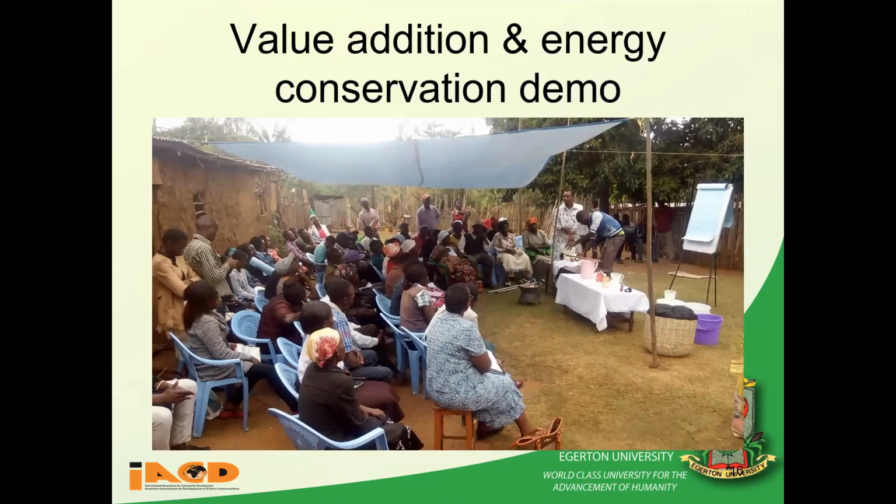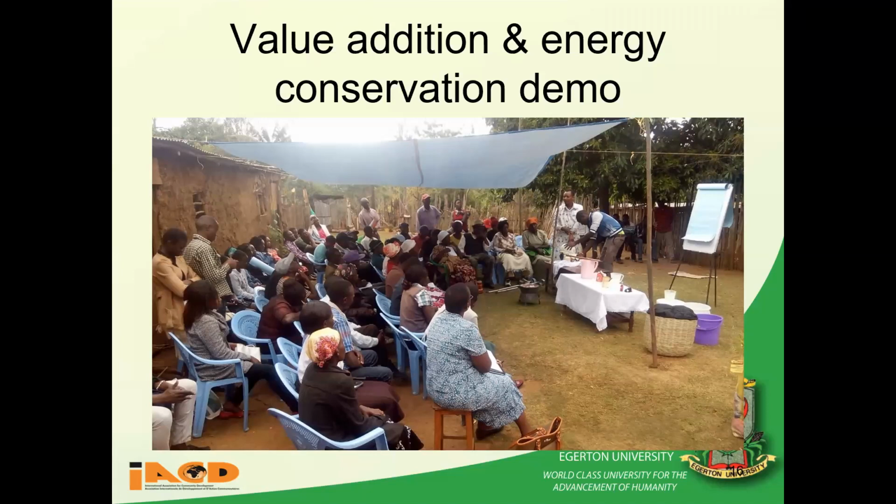This is also another value addition, but together with it, there is energy conservation. If you look at the right hand corner, there is a basket there. That basket is a fireless cooker that can be used to conserve energy.